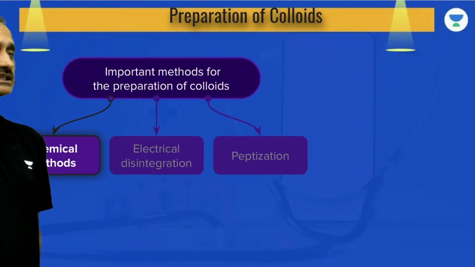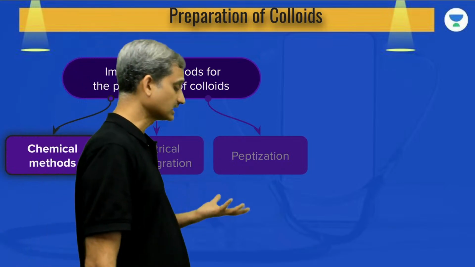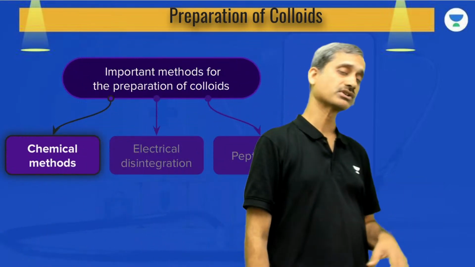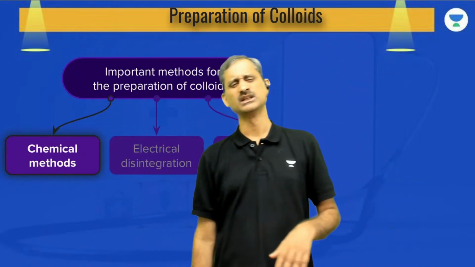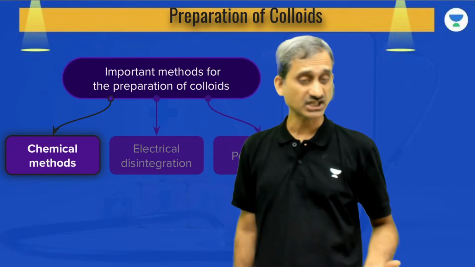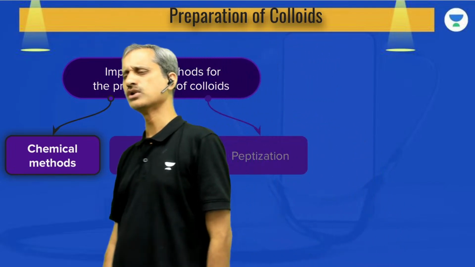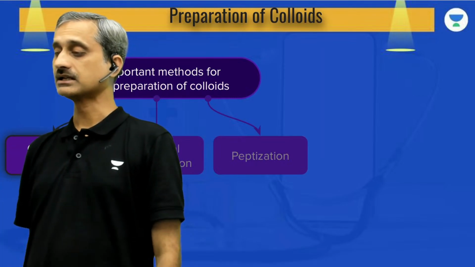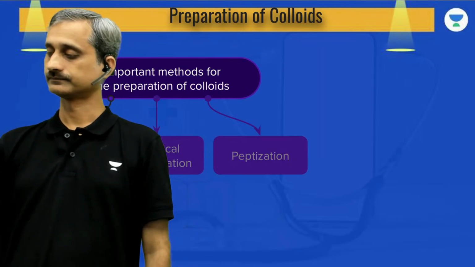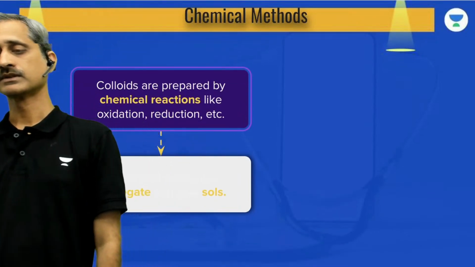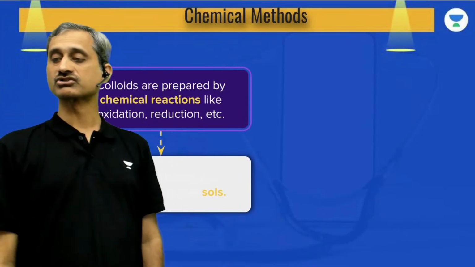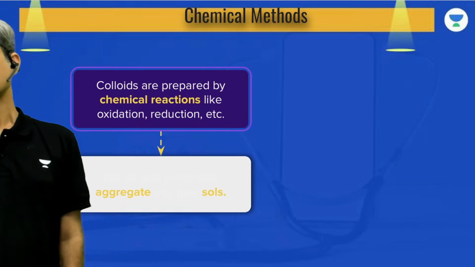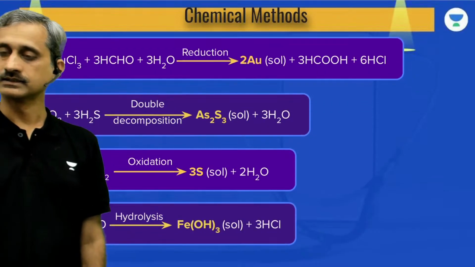When you talk about the chemical methods, that could be an oxidation reaction, a reduction reaction, or a precipitation reaction. So many different reactions could be used as chemical methods. Oxidation, reduction, etc. Clear?